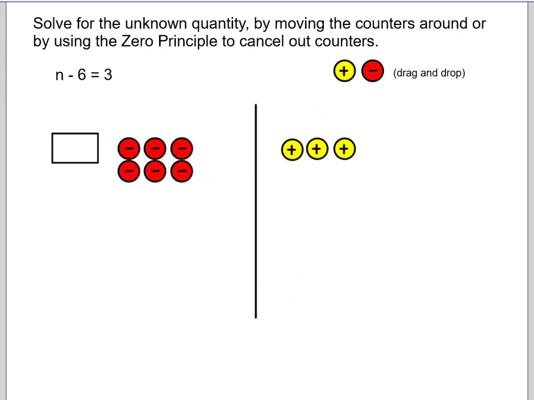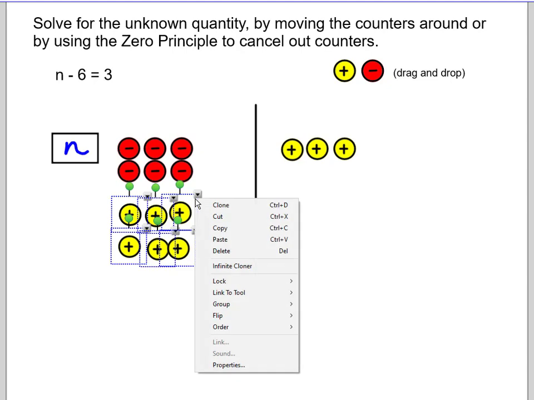Okay, so let's do one or two more here. I have n minus 6 equals 3. Again, the box represents n, the unknown amount. I have 6 negative tiles here and 3 positive tiles on this side. If I want to cancel the 6 negatives, I need 6 positives to do that. And you can probably see where the opposite operations in this conversation is going to come from.